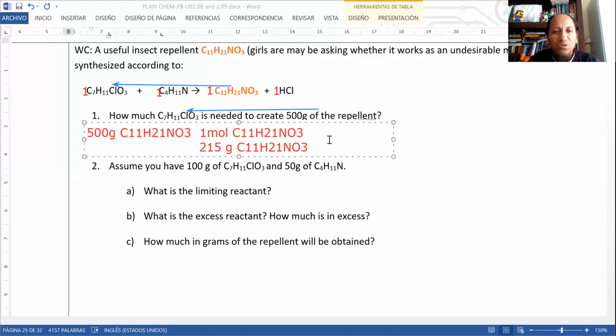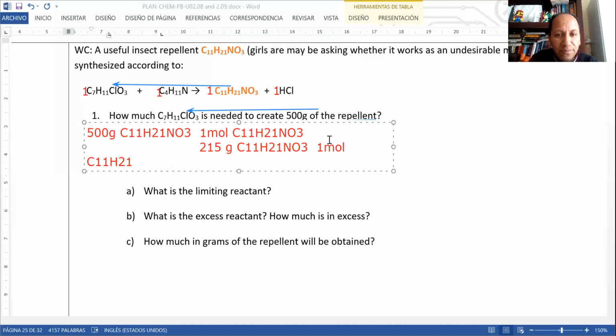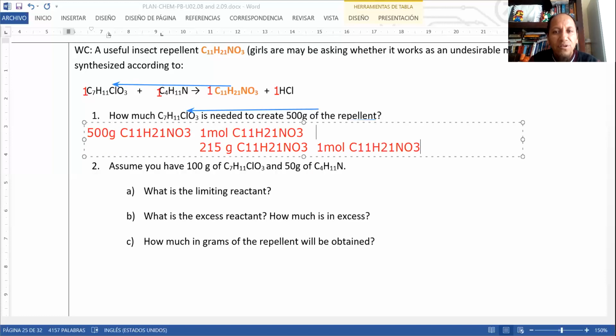Once you have passed it to moles, it says how much is needed to create 500 grams. You could pass it to moles if you want to, but I think it's better if you present the answer in moles. So then 1 mole of C11H21NO3 must be passed to the upper part, to the conversion factor from the chemical reaction, because it says C7.